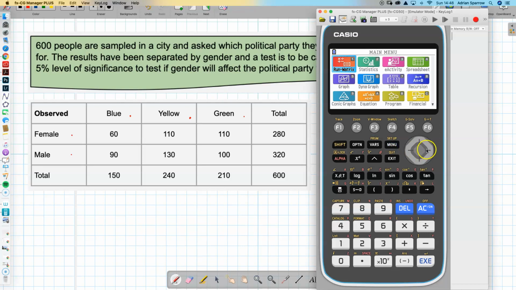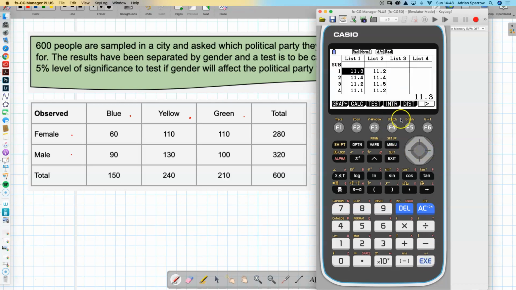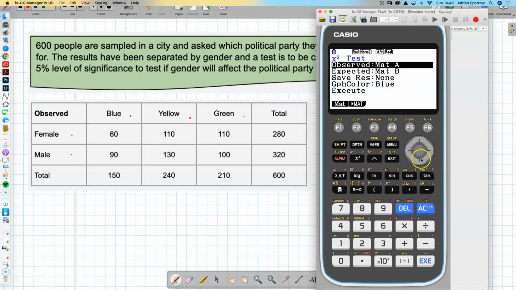I can leave there, go back into my stat menu and try again. So remember, I was doing a test chi two-way. Now it will accept that. Now I didn't set up matrix B, but it's going to fill in matrix B for me. And these are the important things that I need. I need chi-squared and P, and you can see that degrees of freedom have been worked out for me.